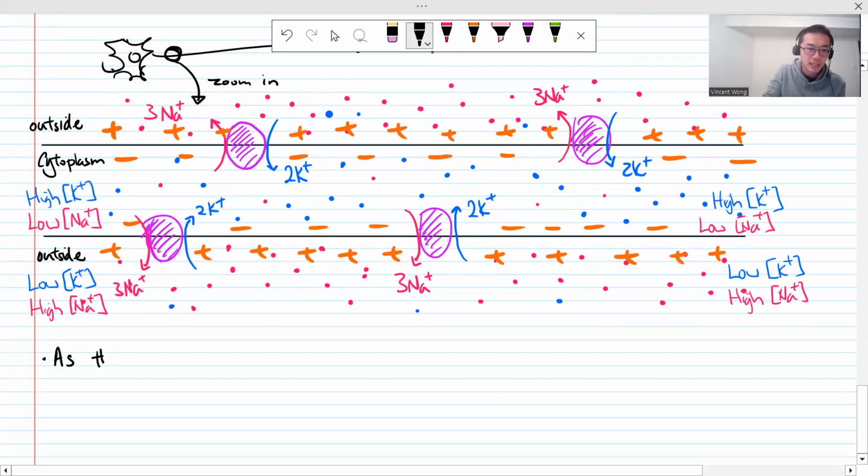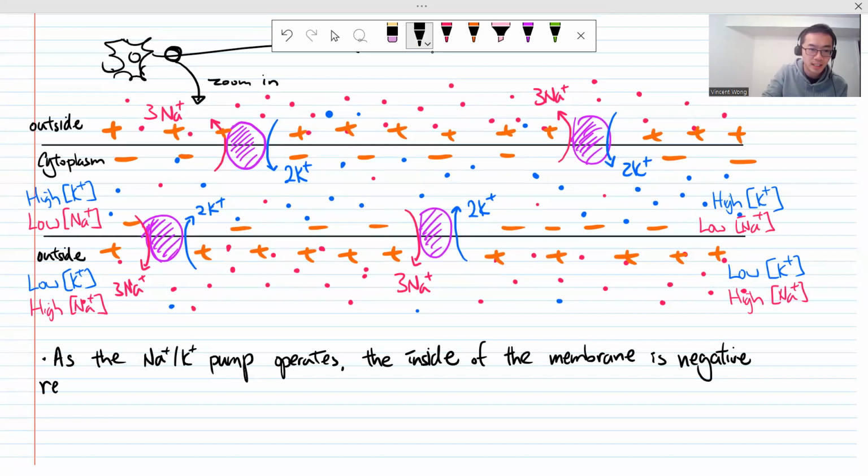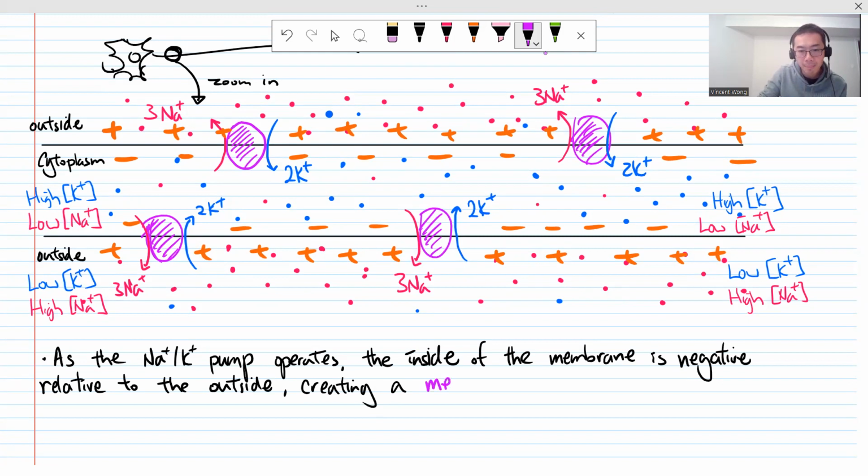So as the sodium potassium pump operates, the inside of the membrane is negative relative to the outside, creating a membrane potential.